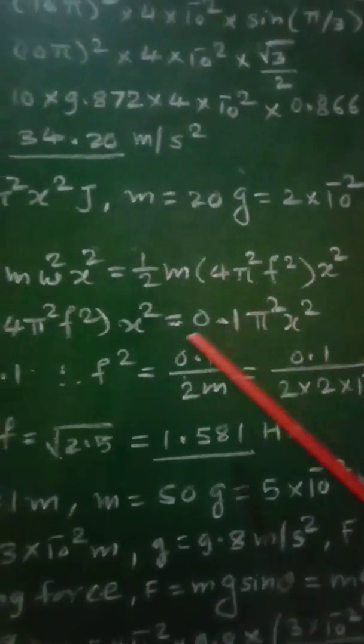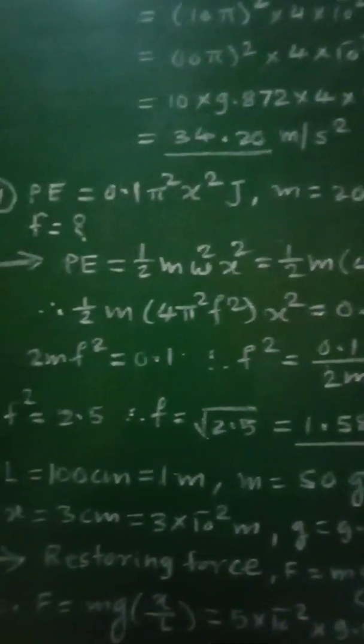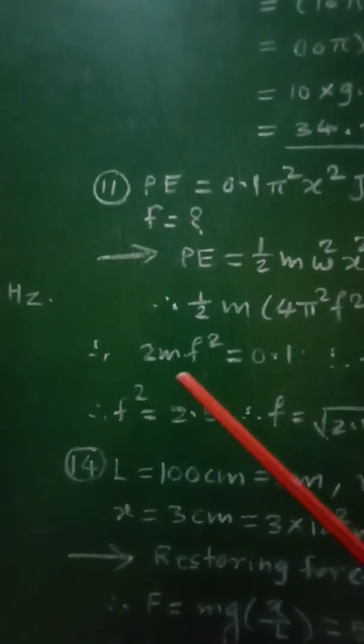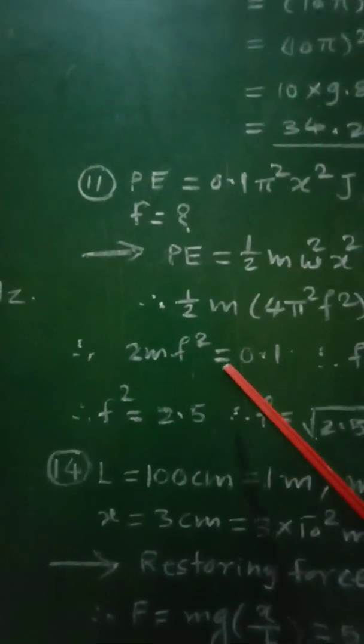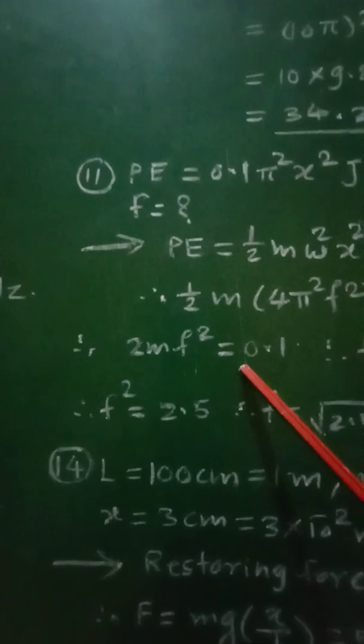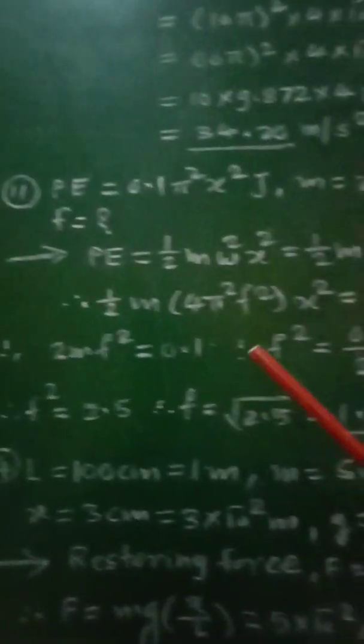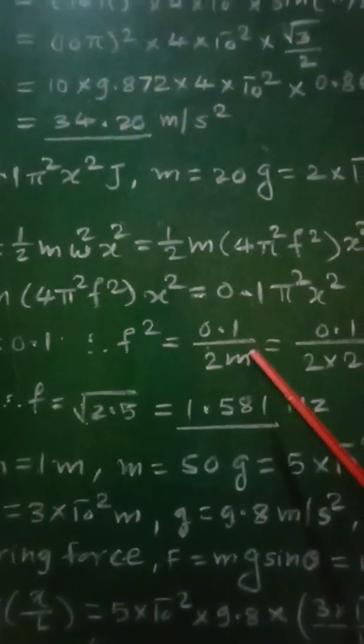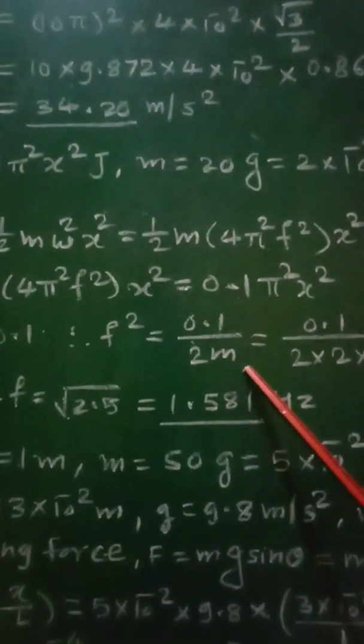Cancelling pi square x square on both sides, we get 2m f square equal to 0.1, and therefore f square will be equal to 0.1 upon 2m.